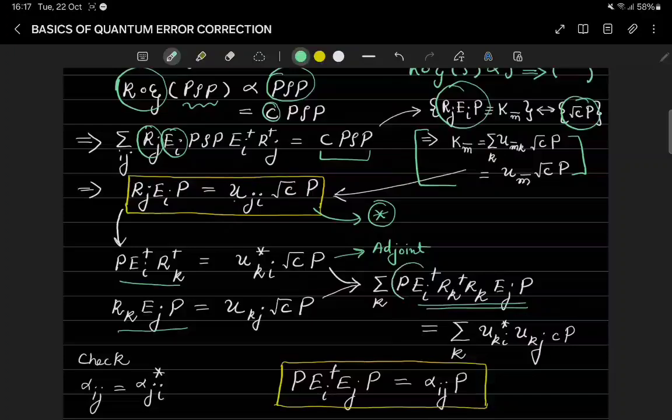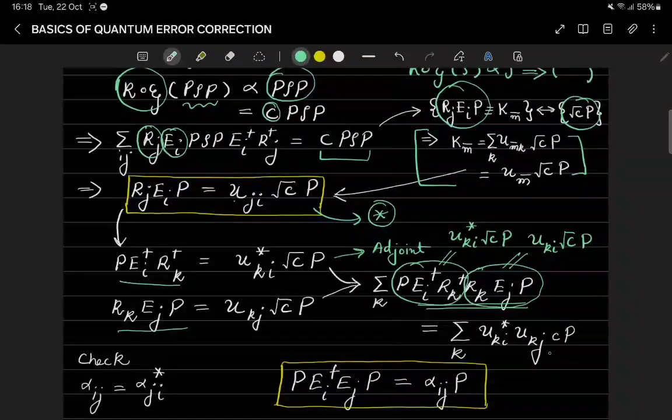So here I have taken the adjoint, and this is the original one that we found. So this is equal to u_ki under root C_P, and this is equal to u_ki star under root C_P, and now I sum over the k to get this particular output.